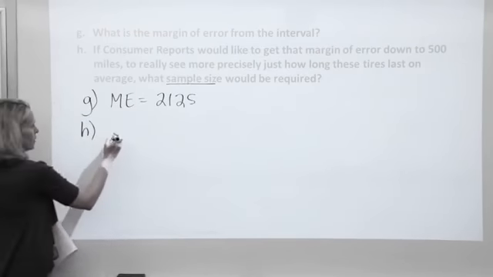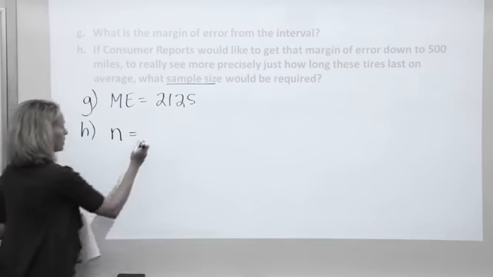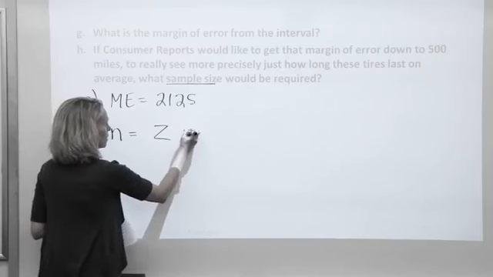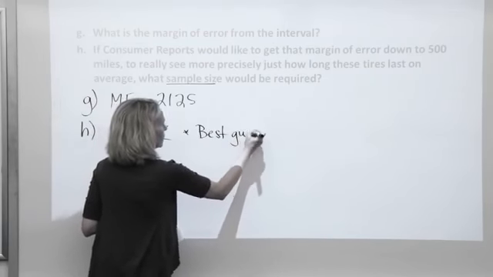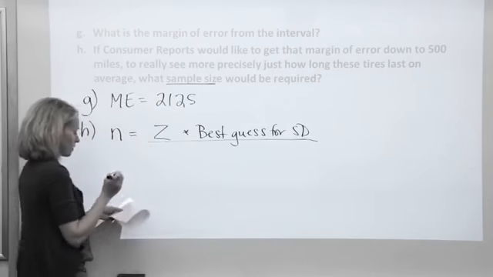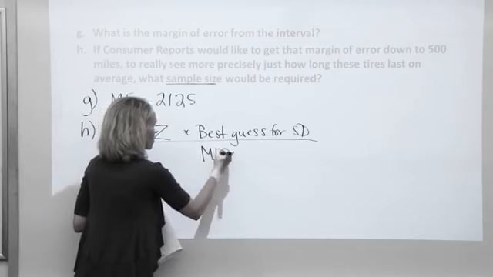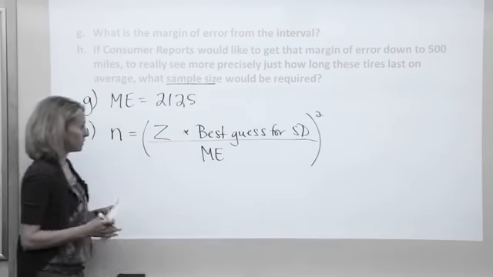Keep in mind the formula for sample size for a mean problem is take a critical z times your best guess for the standard deviation, divide by the margin of error that you want and take that entire thing and square it.